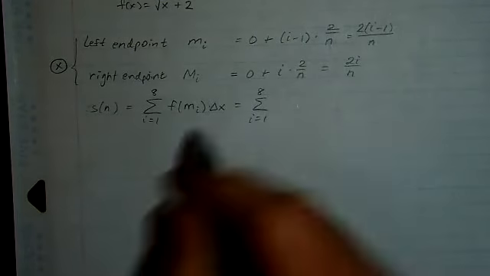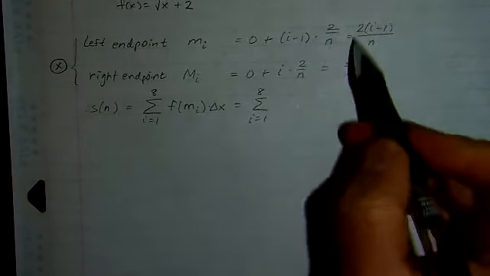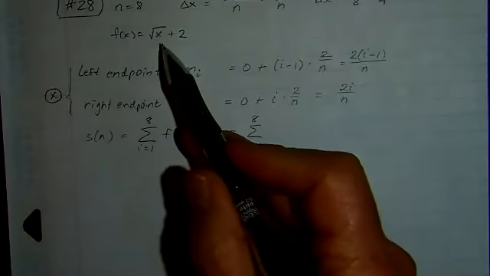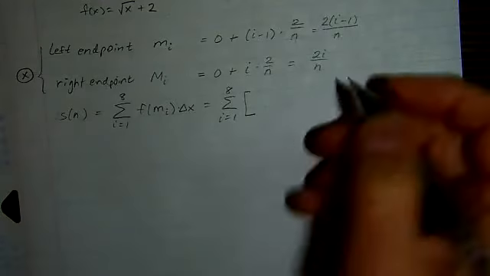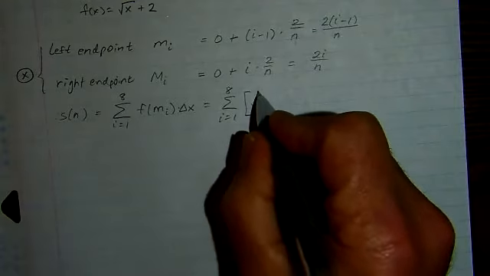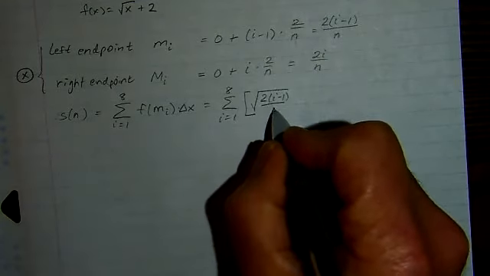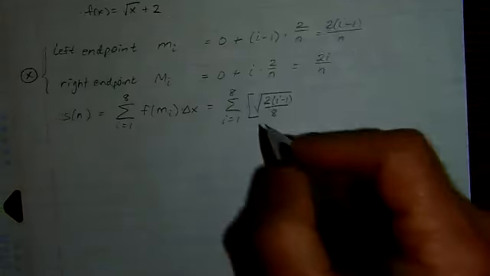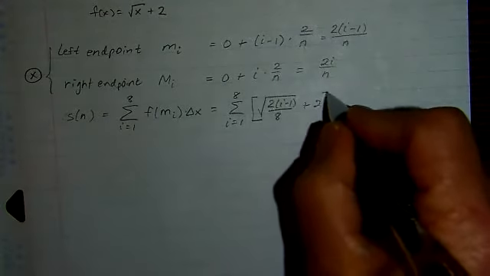The height of the rectangle, f of m, little lowercase m, so that's this thing. Okay, I have to put that into the function. Okay, so we're going to use lots of grouping symbols here because we don't want to lose any information. Okay, n is 8, so I'm going to put 8 in here, plus 2.